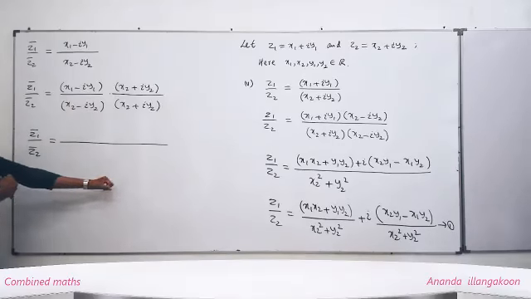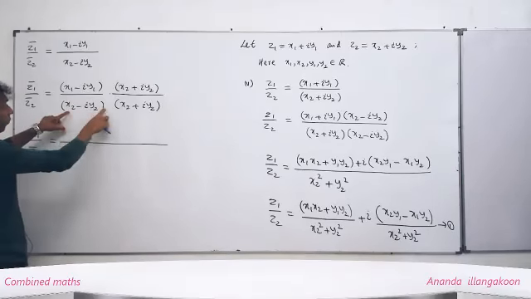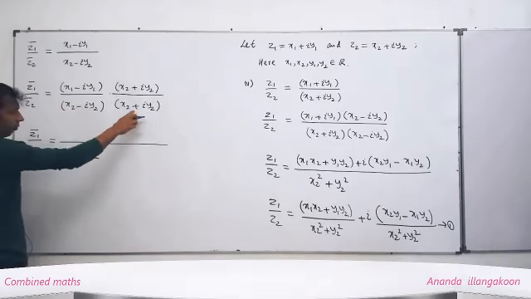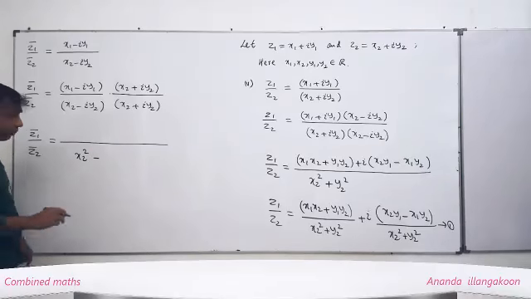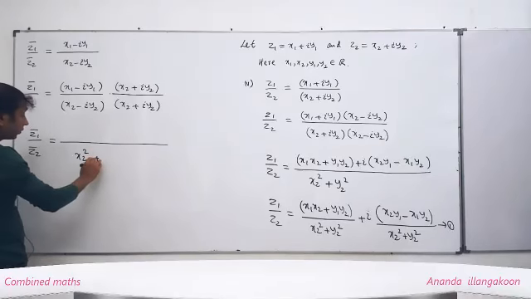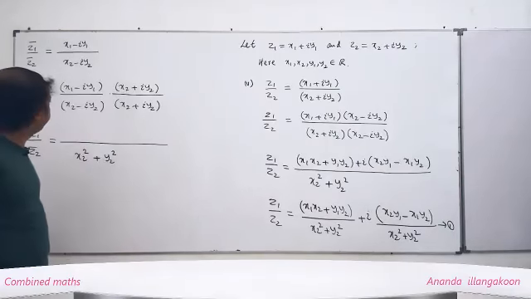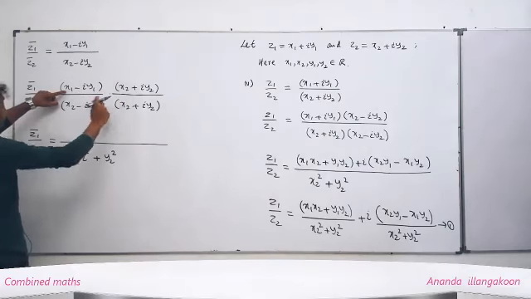Right? This is like (a minus b) into (a plus b), which is x2 squared minus i squared y2 squared, that is minus 1, so plus y2 squared. This is what we get. Then here what do you get? x1, x2.